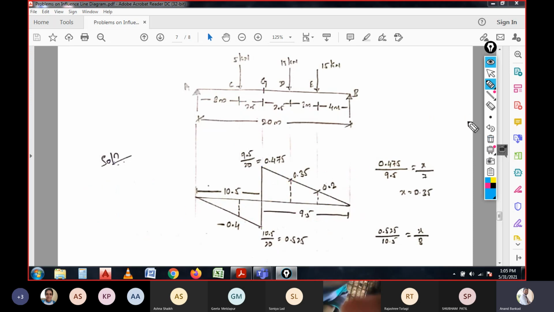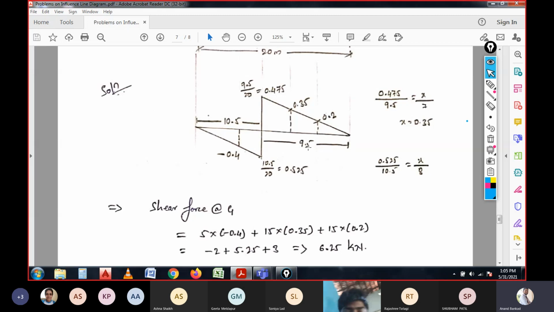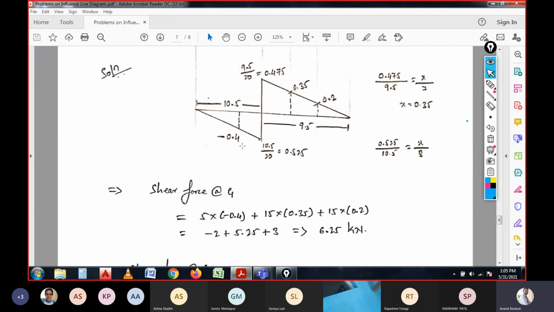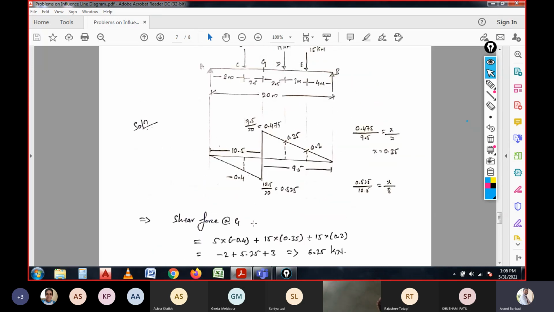So now, the shear force value needs to be calculated by referring to coefficient values and loads respectively. So how do you calculate the loads and coefficient values?